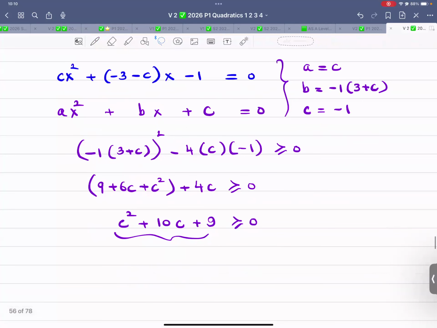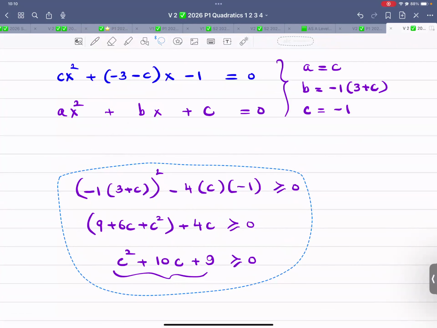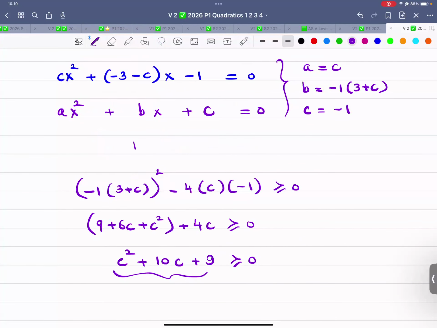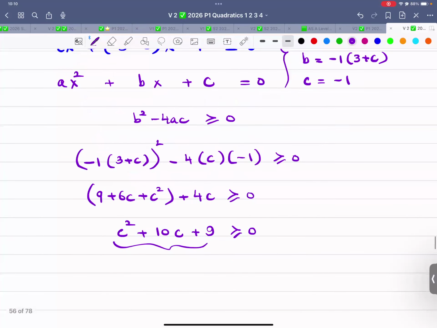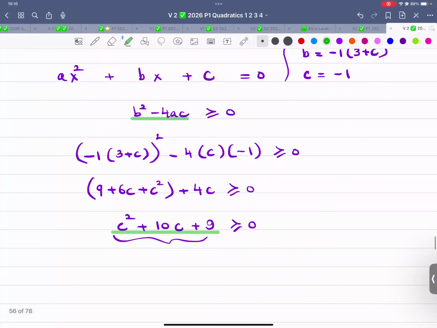Let me just push this down, because I'll be needing it for the second part also. So this is b square minus 4ac greater than or equal to 0. Now keep in mind, this b square minus 4ac is this thing, c square plus 10c plus 9, because we would be needing it for the second part very soon.